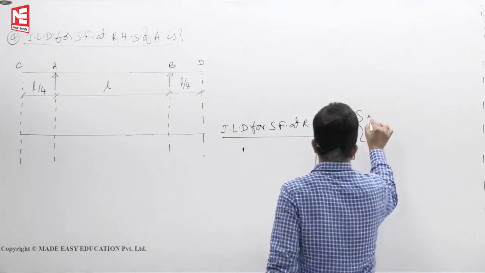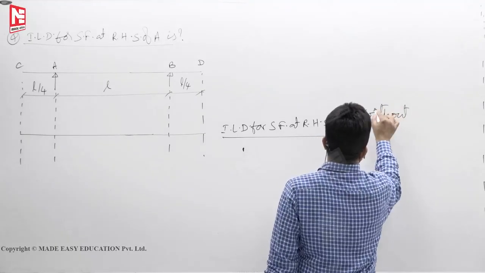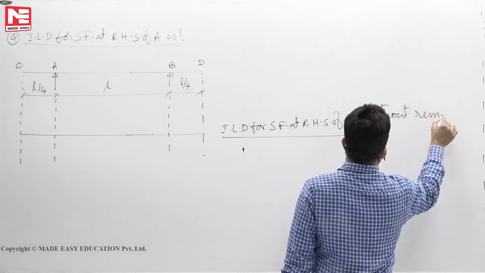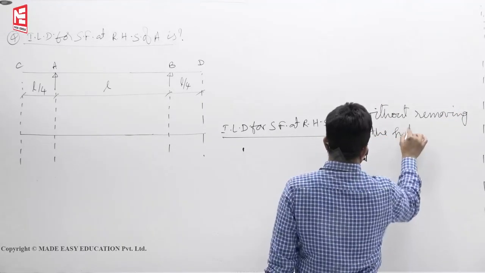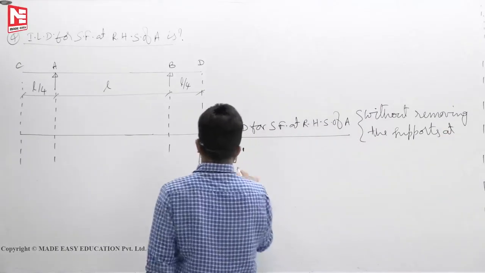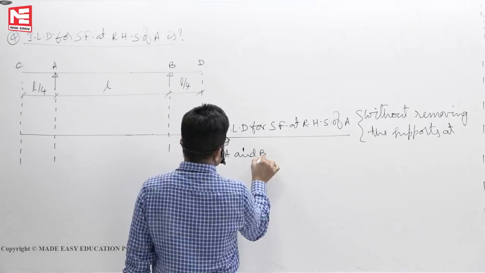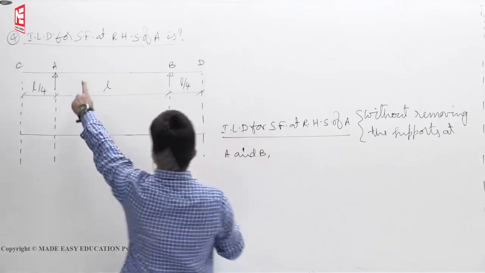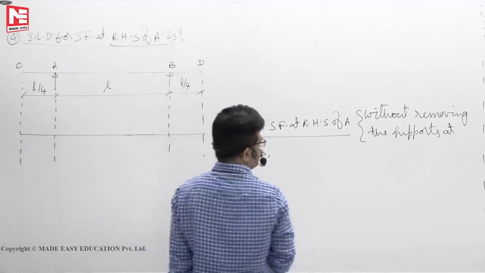What is the process? Without removing the supports at A and B, where you have to cut? Because you are asked to find RHS of A, you must cut at RHS of A only.